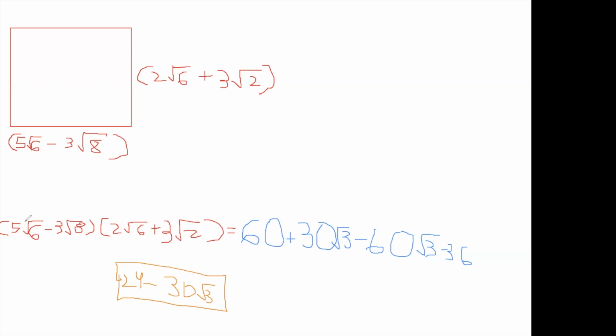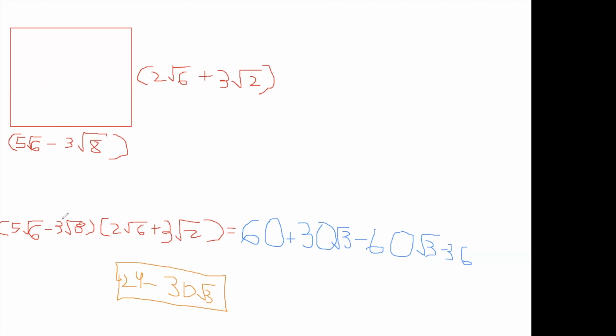Then we multiply 6 square root times 3 square root of 2, and the answer is 30 square root of 3. Then we multiply minus 3 square root of 8 times 2 square root of 6, and the answer is minus 60 square root of 3.